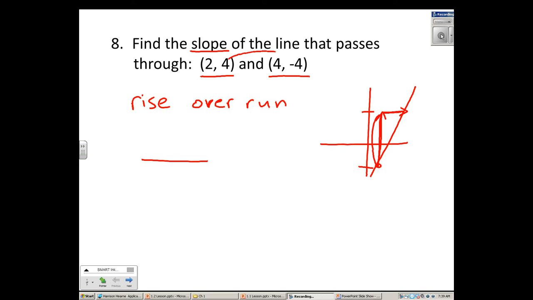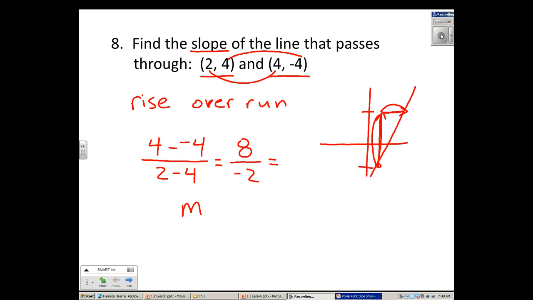That is a y value minus a y value. 4 minus -4. And our run, the change in run, is the change in the x values. Over 2 minus 4, so we get 8 on -2, or our slope is 4.